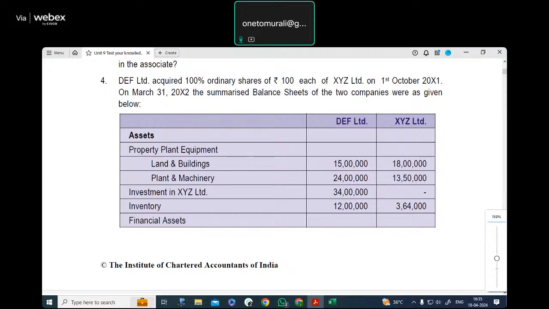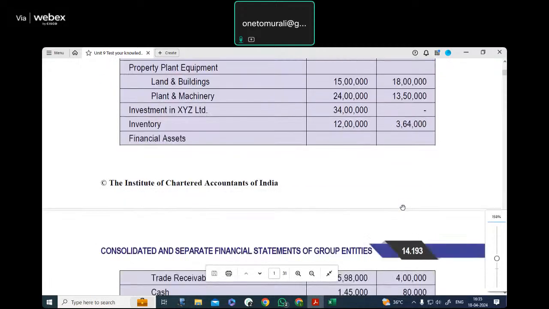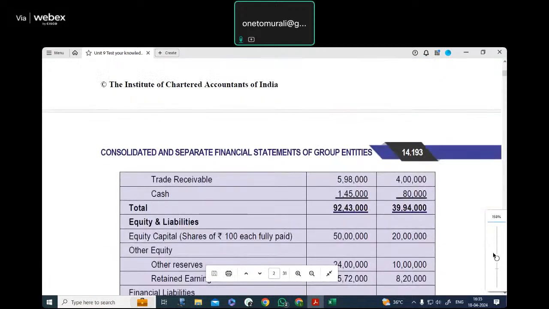PPE, land and building 15 lakhs, 18 lakhs, plant and machinery 24 lakhs, 37 lakhs and 50,000. Investment in XYZ 34 lakhs. Inventory 12 lakhs and 3 lakhs 64,000. Financial assets, trade receivable 598 and 400. Cash 145 and 80. Total 9243, 3994.